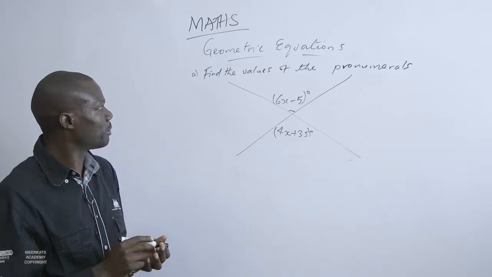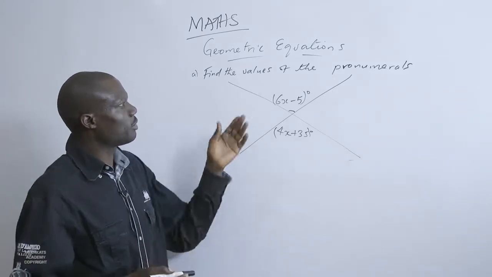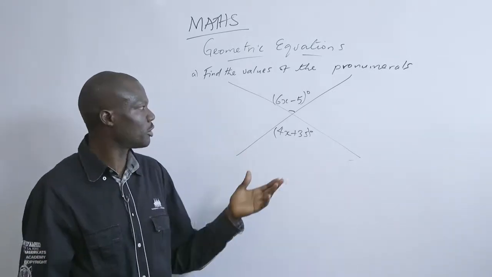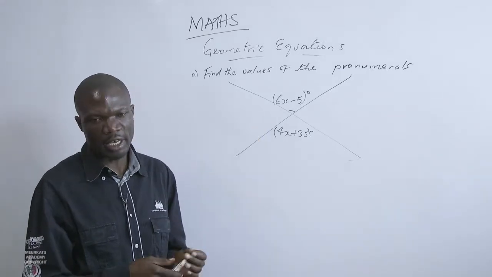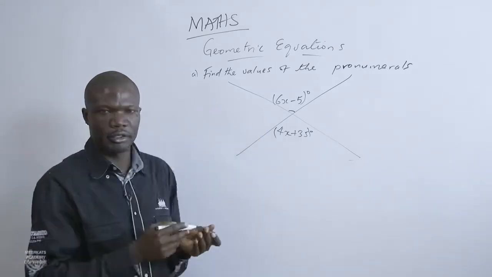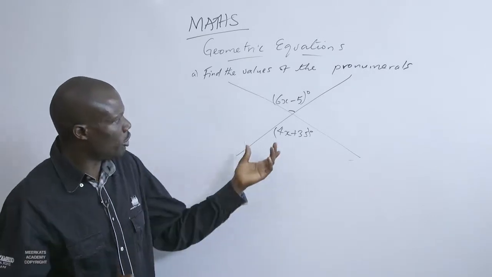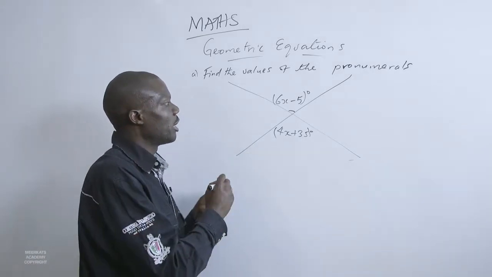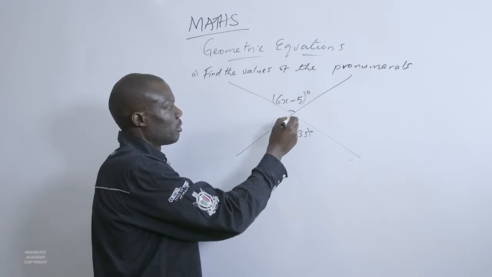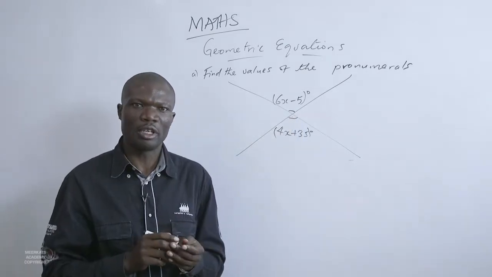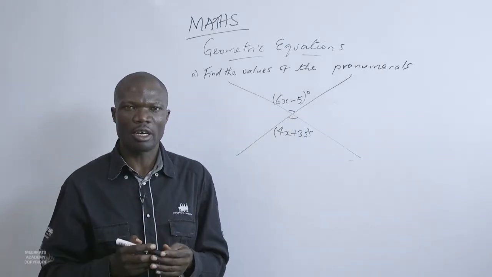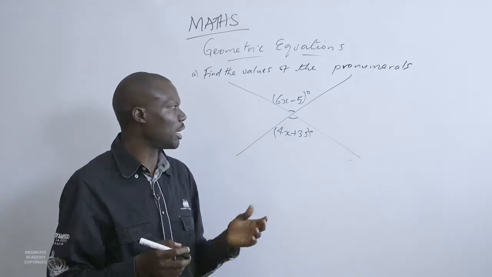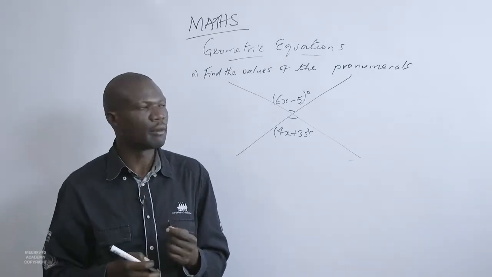In this question, we have been asked to find the values of the pronumerals, and the question here is on angles. Before you solve this question, you need to have the idea about angles which you learned in the previous year.